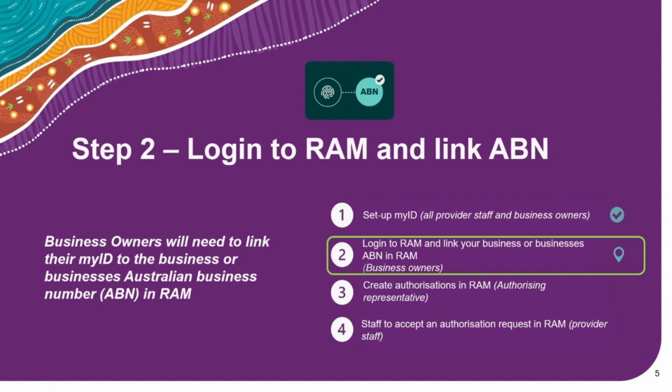It is recommended that all eligible associates or business owners listed in the ABR complete this step. Note, an eligible associate is either a sole trader, a trustee, a director, a public officer, partner, or office bearer of a club or association.